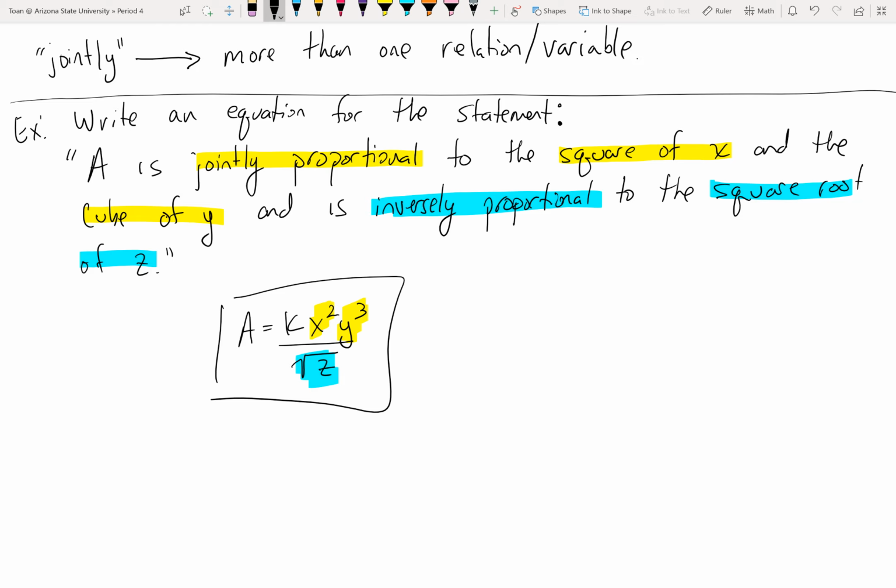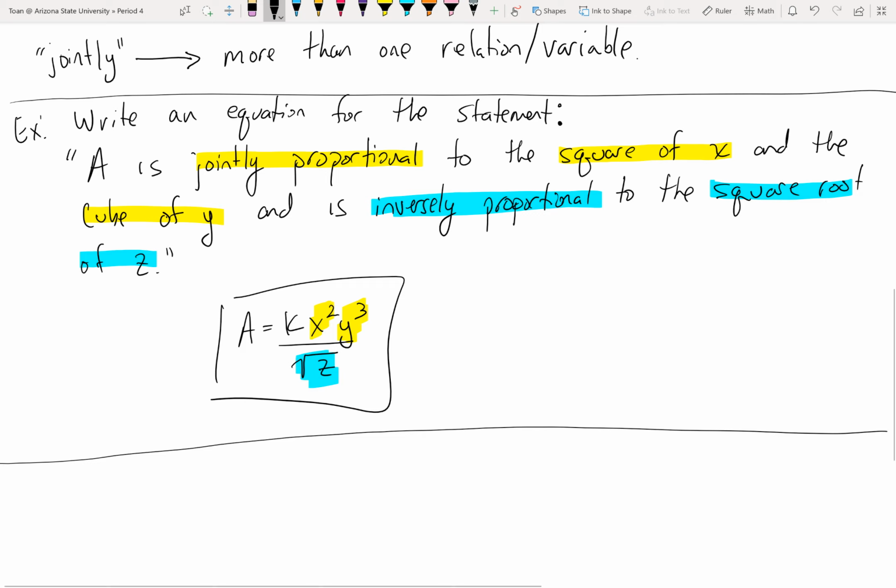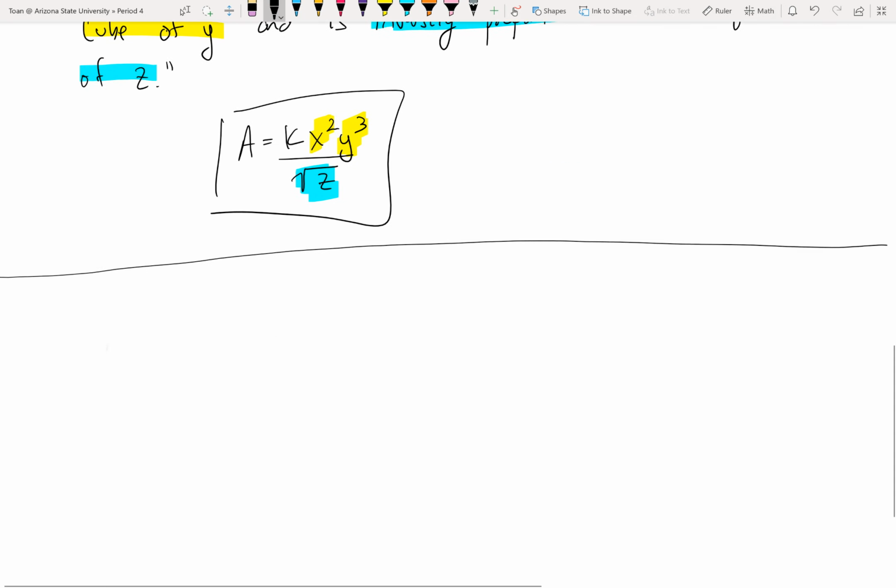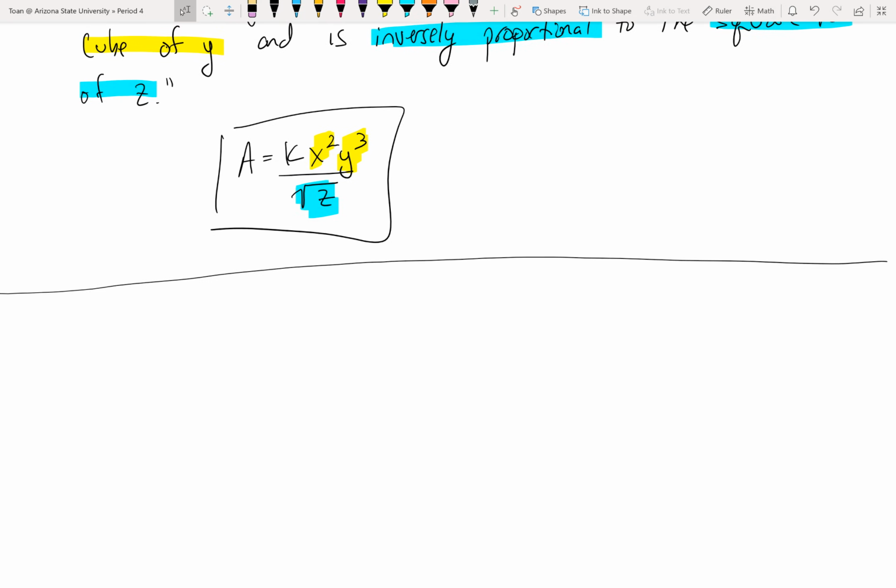But we got to do stuff with it, and that's sort of the second thing that I'm going to expect you to be able to do. Not only am I going to expect you to be able to come up with an equation, but I'm going to give you information and hopefully allow you to solve it. So this will usually involve the same type of problem, but then they're going to follow up by giving you numerical information.